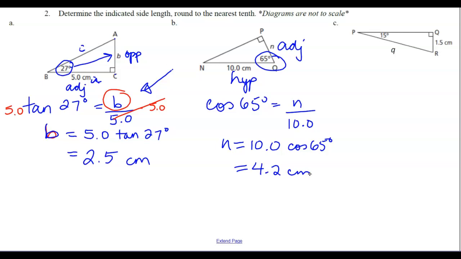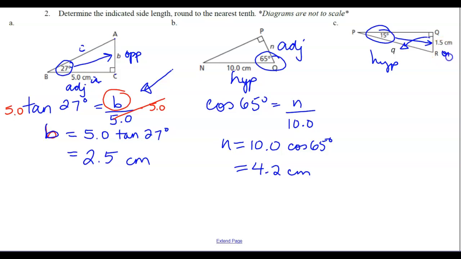Okay. Take a look here. Opposite angle Q is lowercase q. Okay, that is the hypotenuse. Okay, the angle that we're given is 15. So 1.5 is opposite. It's not forming that 15 degrees.